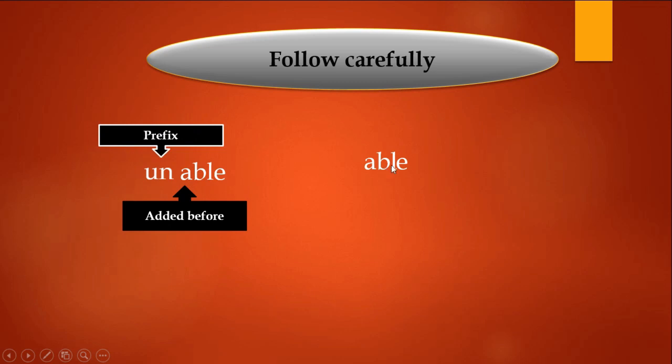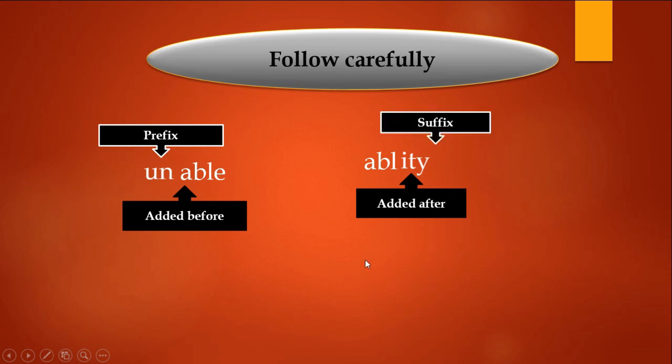On the other hand, able is the root word here, and this ity is added with the root word able, and it is after the root word. That's why it is called suffix. That's it. So we have understood what is suffix and what is prefix.